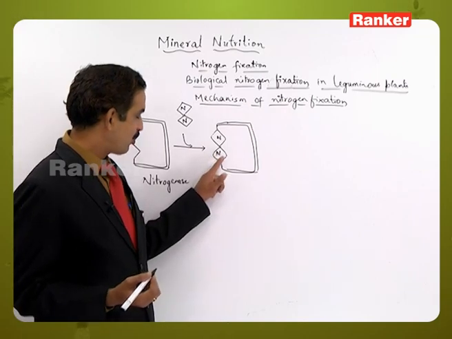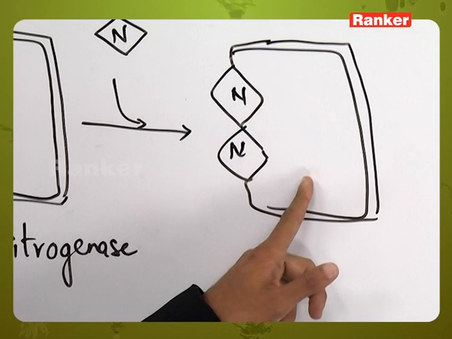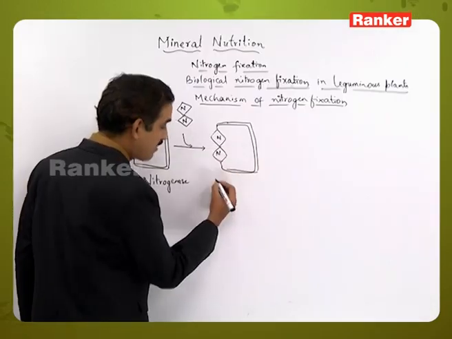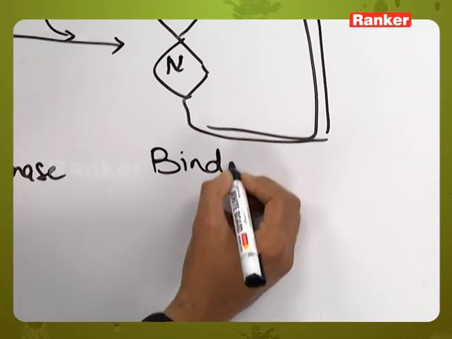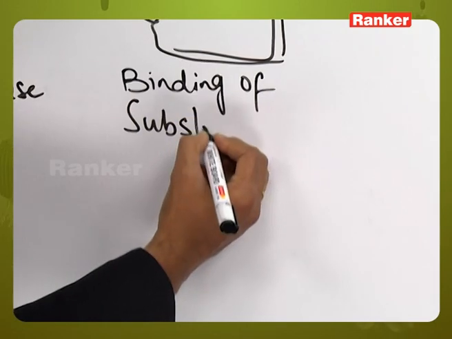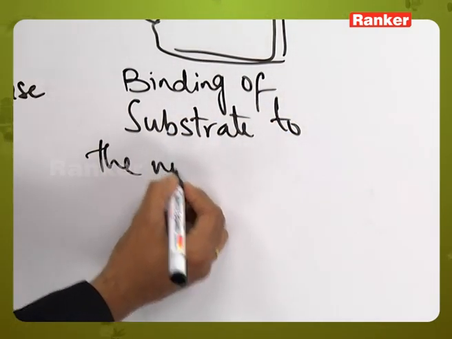Here nitrogen is a substrate, and this is an enzyme. The substrate is bound to the active sites which are present on the enzyme molecule, that is, binding of substrate to the nitrogenase enzyme.